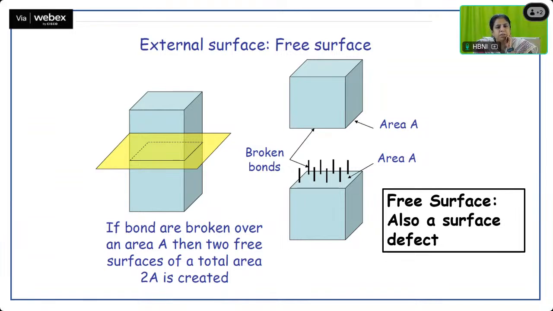So there are broken bonds, and we know that broken bonds are associated with high energy. And it is obviously a defect because now your periodicity is being curtailed. So what I want to say here is that the surface of the crystal itself is an example of a two-dimensional defect because of the bonds that are not satisfied.